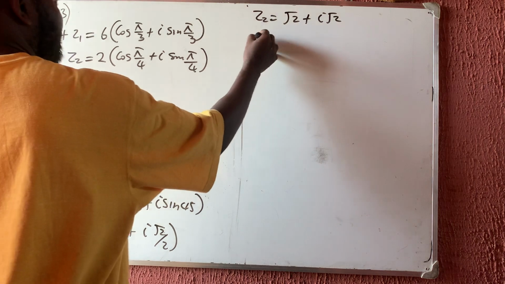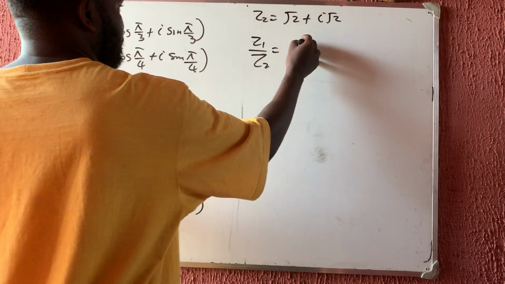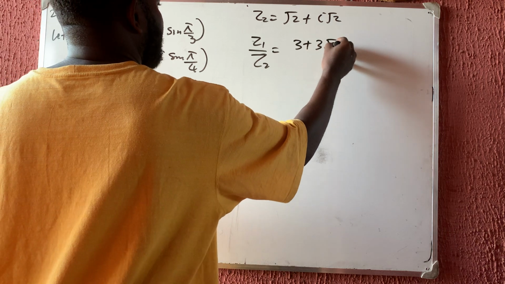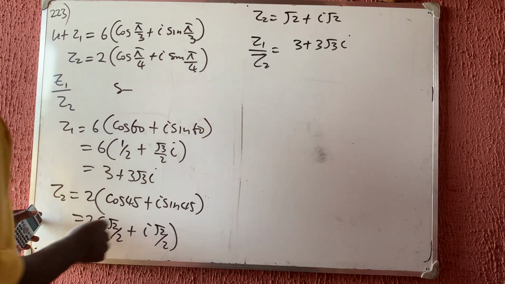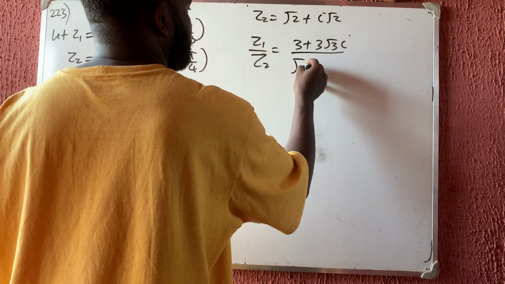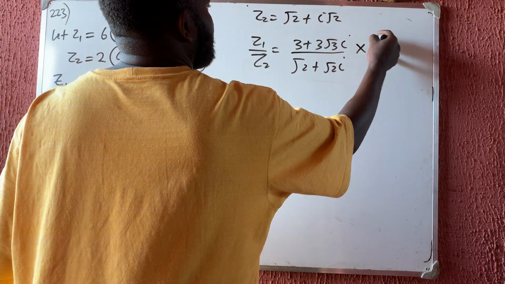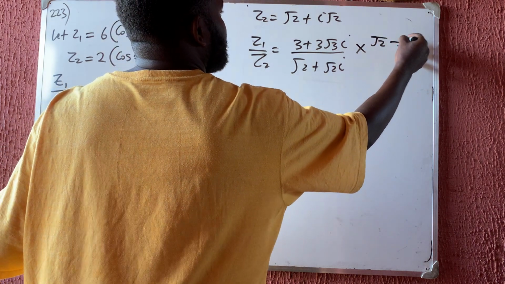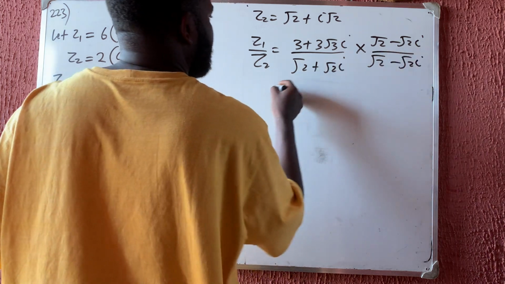Okay, so my z1 over z2 simply means z1 is 3 plus 3 root 3 i all over root 2 plus root 2 i. Then you times root 2 minus root 2 i all over root 2 minus root 2 i. So let's multiply.